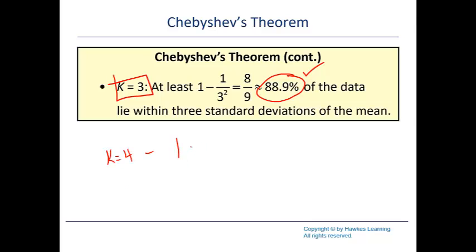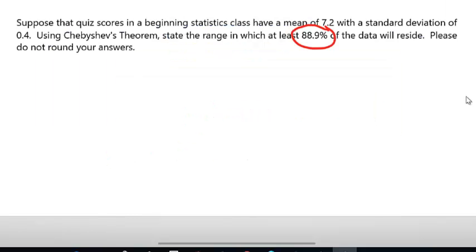We would have 1 minus 1 over 4 squared, which would give us 15 over 16, which is 93.75%. We figured out then that our k is 3. So for us, our percentage for Chebyshev's is 88.9%. So that told us that k is 3.